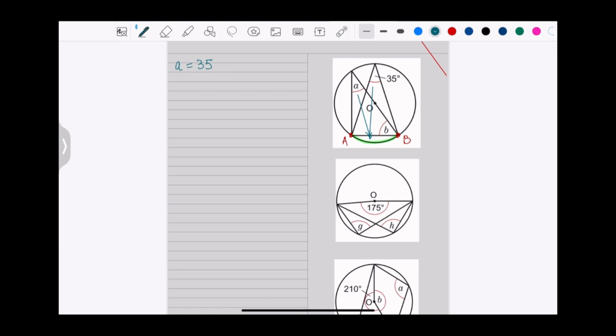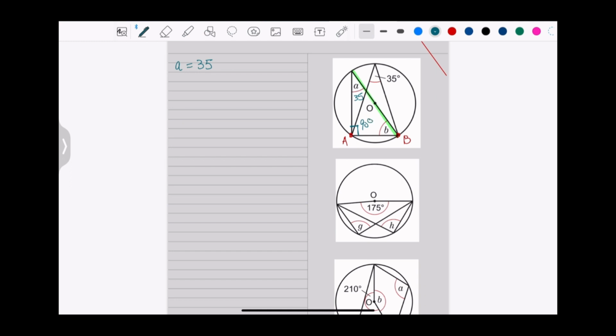Now, getting back to the question. This angle here is 35, and I can see that this line passing through the center, ending at the other end, B, is a diameter, and hence this angle is going to be 90 degrees.